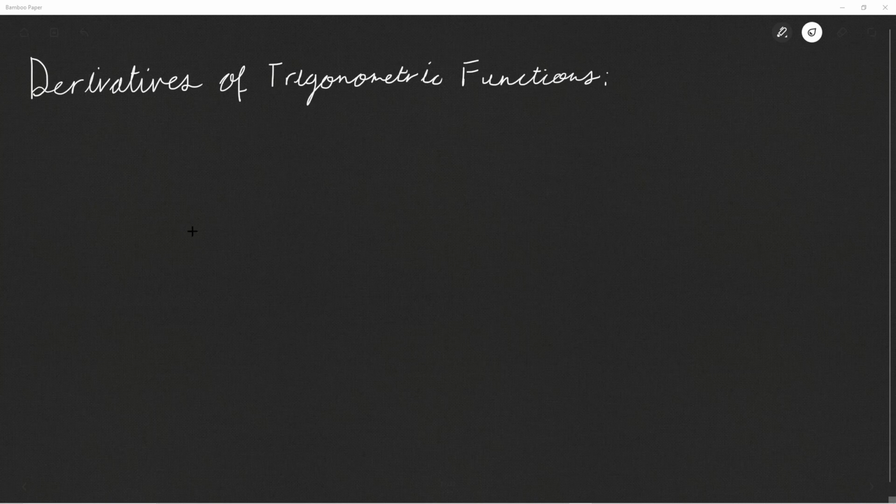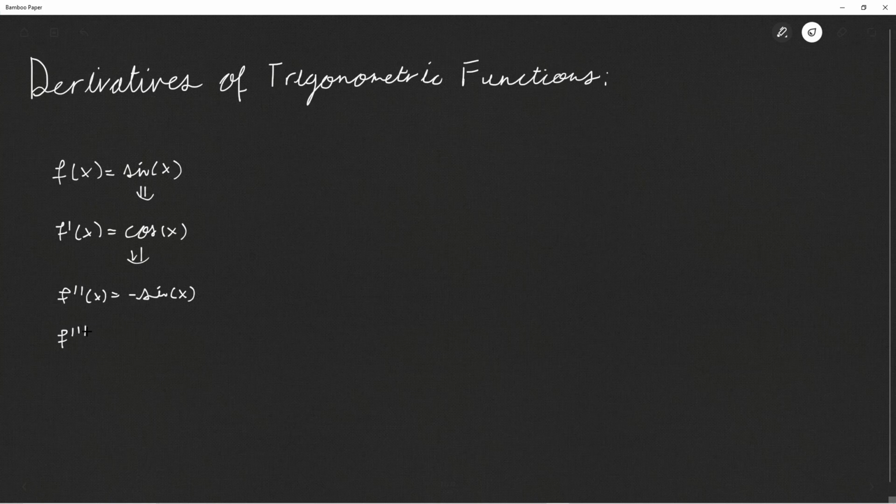Now if we continue this further, and we had our f of x equaling sine of x, the way that this works is that the first derivative, our f prime at x, will be equal to cosine of x, but then our second derivative will be equal to negative sine of x, since we're doing the derivative of cosine, and then our third derivative is going to be equal to negative cosine of x, and finally our fourth derivative is going to be equal back to sine of x.